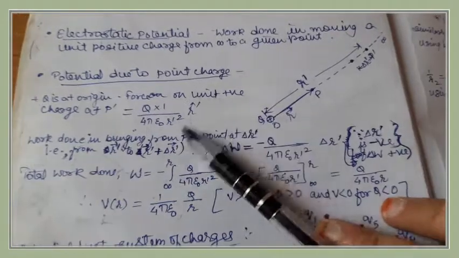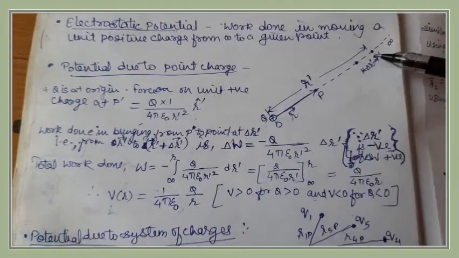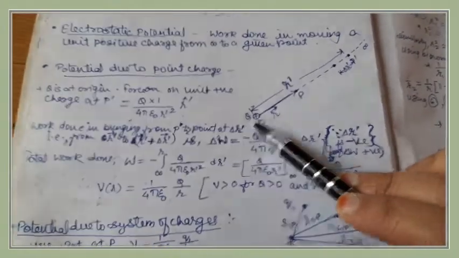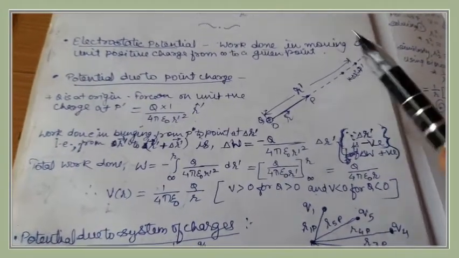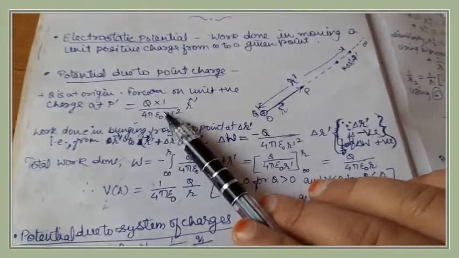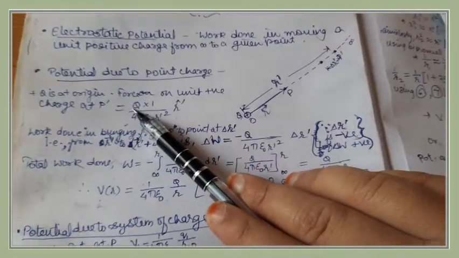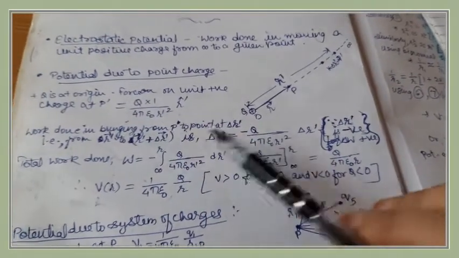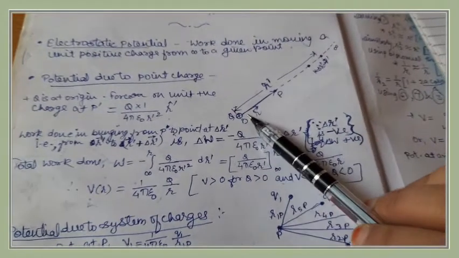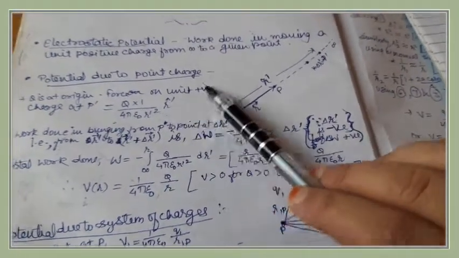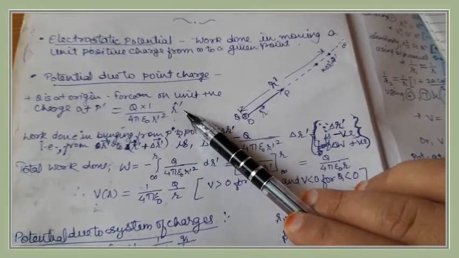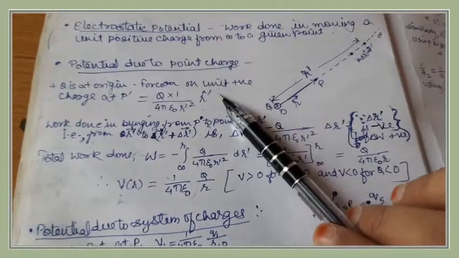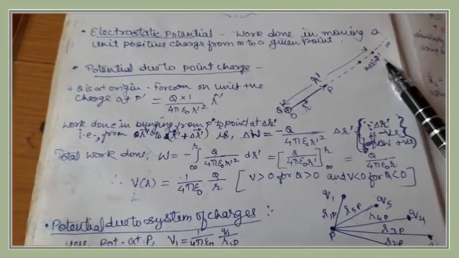So the force on a unit positive charge present at point P dash: this positive charge q will exert a force on the unit positive charge, and according to Coulomb's law this force will be 1 upon 4 pi epsilon naught, q1 q2, where q1 is q and q2 is 1 coulomb, upon r dash square, where r dash is the distance of the charge from the point under consideration, and r dash cap is the unit vector which shows the direction of force. In this way we determine the force on the unit positive charge when it is at point P dash.